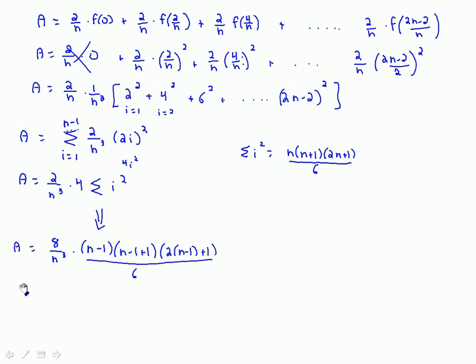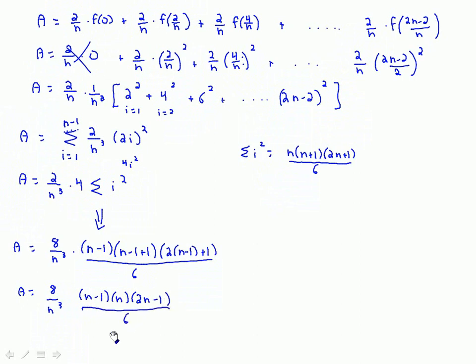So this is going to give you the area is then equal to 8 over n cubed times n minus 1 times n. And then if you clean this up, you'll get 2n minus 2 plus 1, which is minus 1, and this is all over 6.